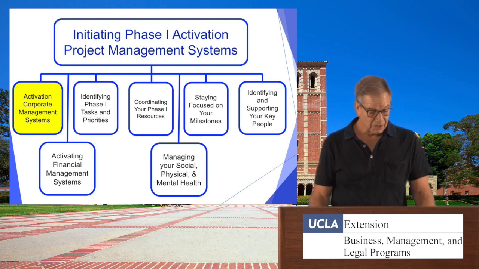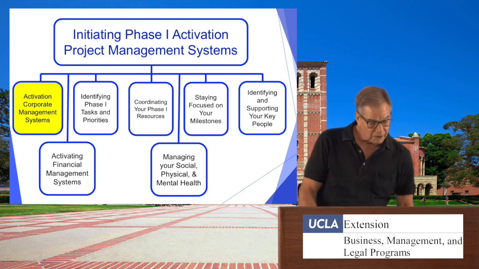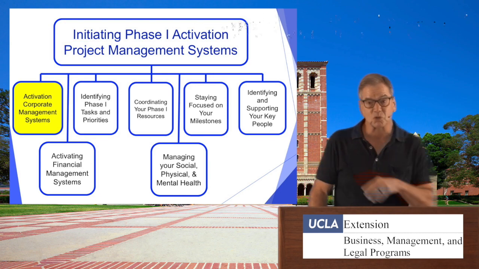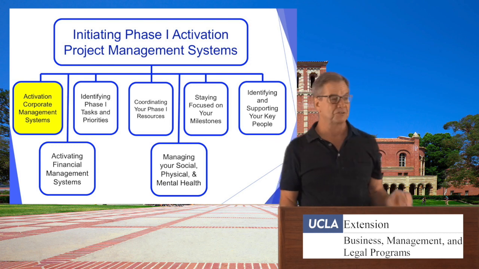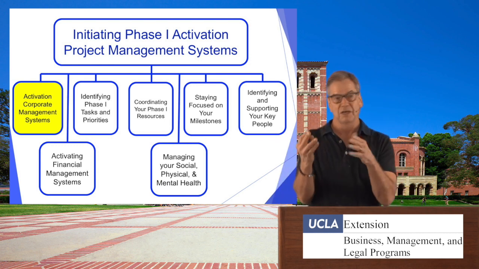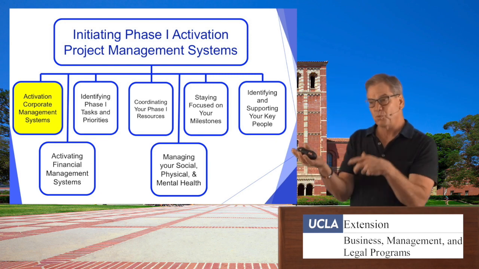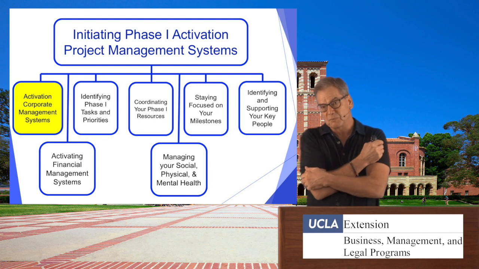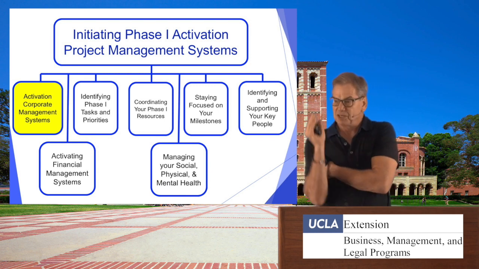So first off, activate corporate culture management, corporate management systems. Those are all of this, and we just talked about them: agendas, meetings. Even if it's something you're doing with yourself, do it. Open up a file cabinet. Get ACT, get Daylight, get some kind of program. Read a book on corporate administration. But start building these agendas.